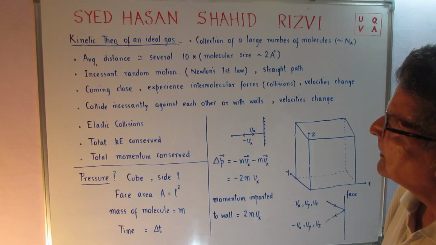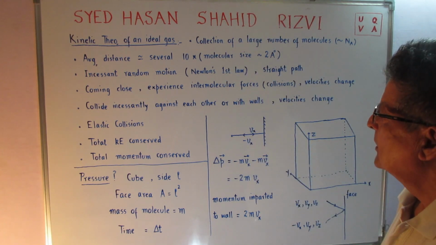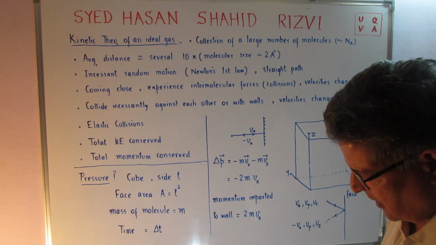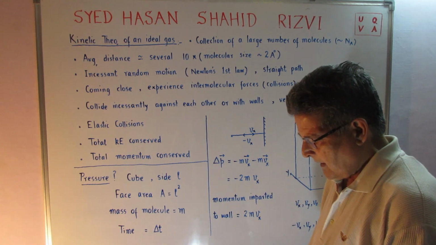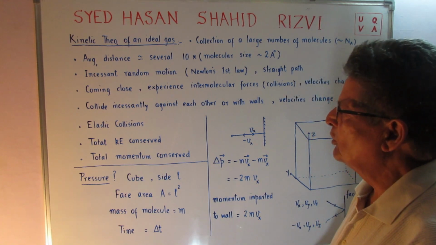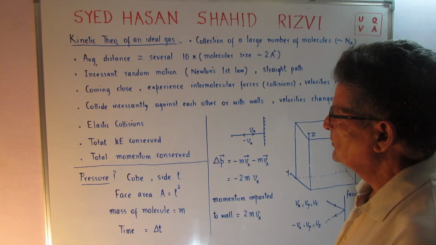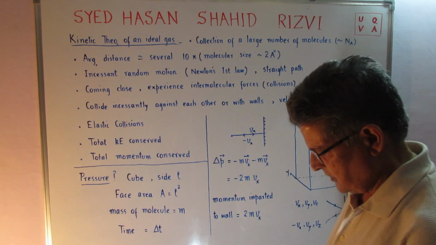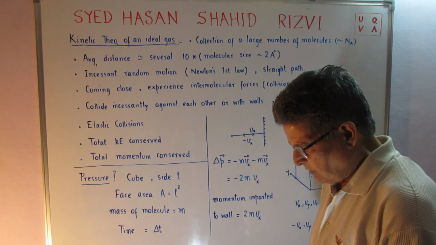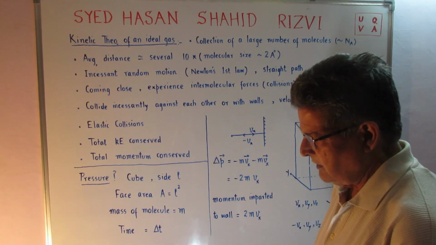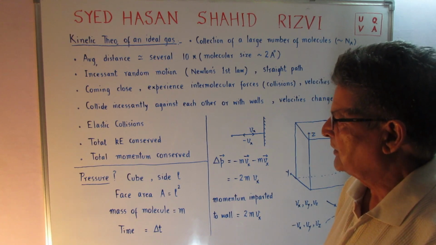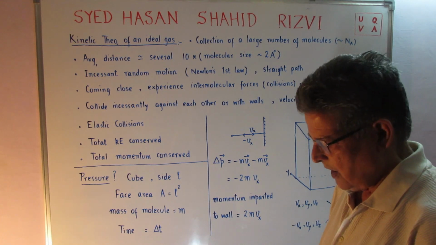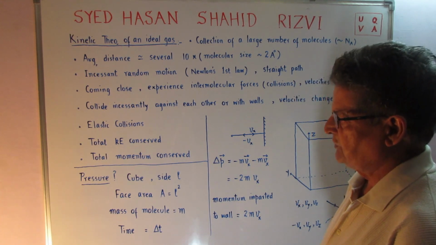Now, there are several things which we have to understand and how things happen before we go to explain to you what is pressure, what is temperature, etc. according to the kinetic theory of gases. The same kind of postulates are also taken in the free electron theory of metals, or free electron gas.